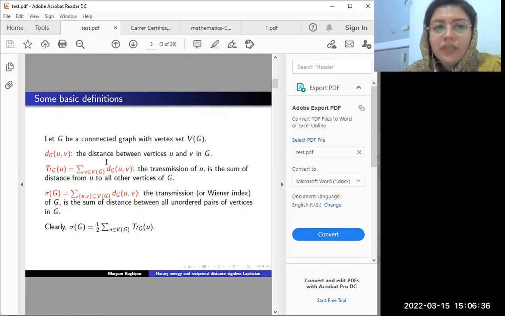The distance between u and v is the length of the shortest path between u and v. The transmission of a vertex v, or vertex u, is the sum of distances from v to all other vertices.